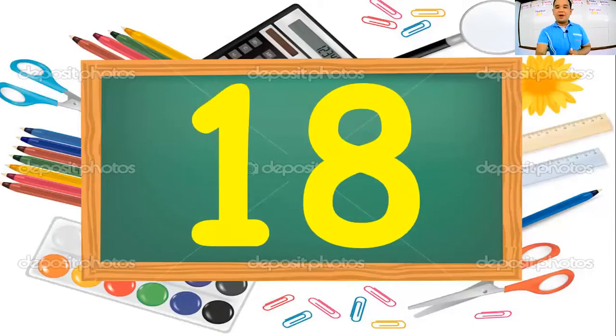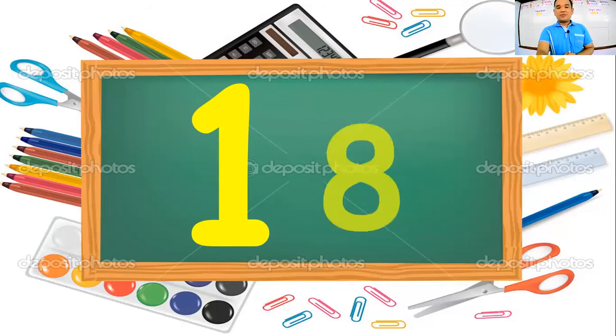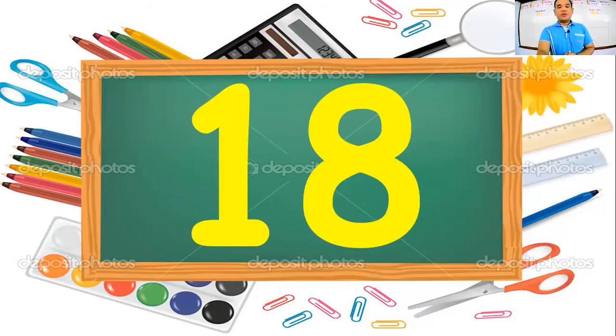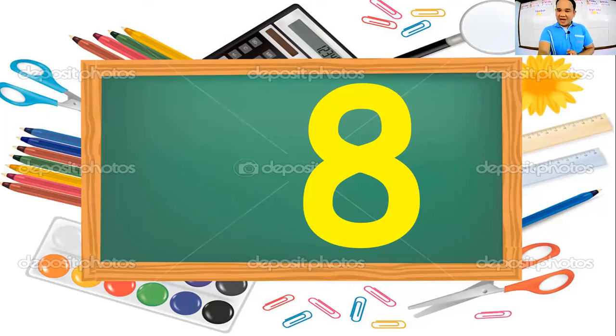We have number 18. Number 18 is a given number. And who is the ones and who is the tens? So 8 is our ones and 1 is our tens. Again, 8 is our ones and 1 is our tens.